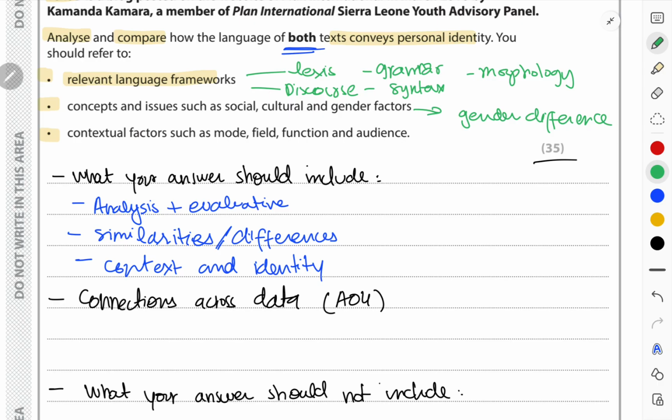Or when you're talking about social factors, is the person coming from a wealthy family? I'm talking about the speaker. The speaker is using this language. What does it reflect? Does it reflect his social identity?